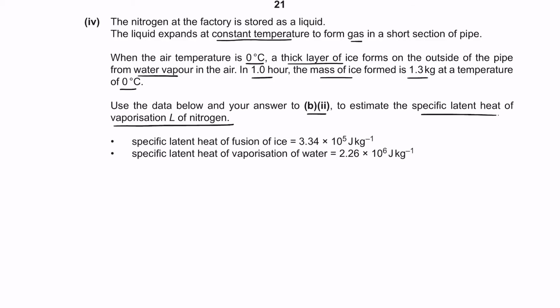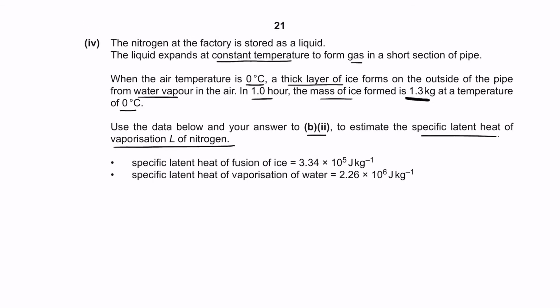of vaporization of nitrogen. Okay, so essentially what's happening over here is that you have a little cross-section of a pipe which has liquid nitrogen in it, and around that liquid nitrogen we have air, or we have the water vapor in the air, and that's in gaseous state. So you have lots of these water vapor molecules, and what happens is that they are condensing to form ice.